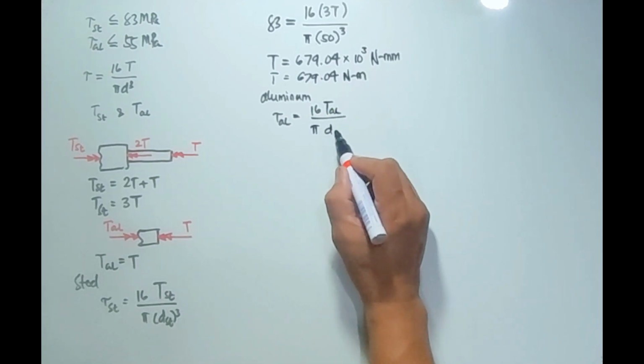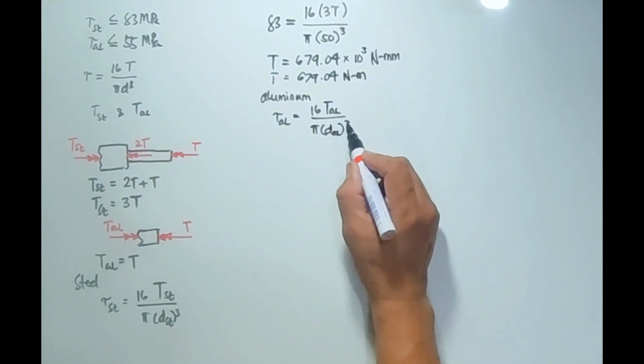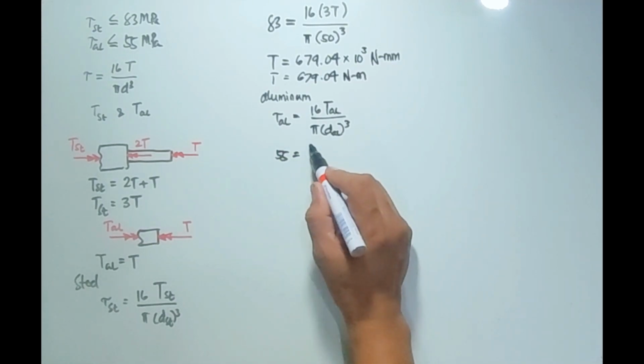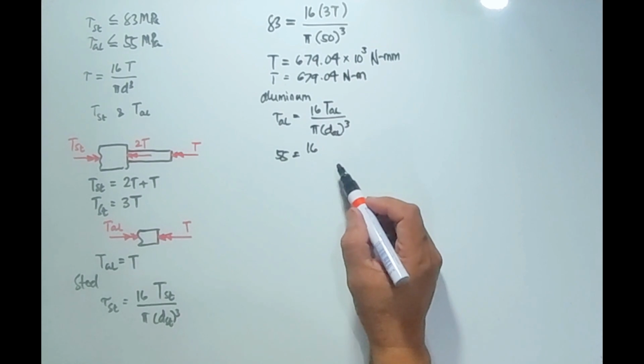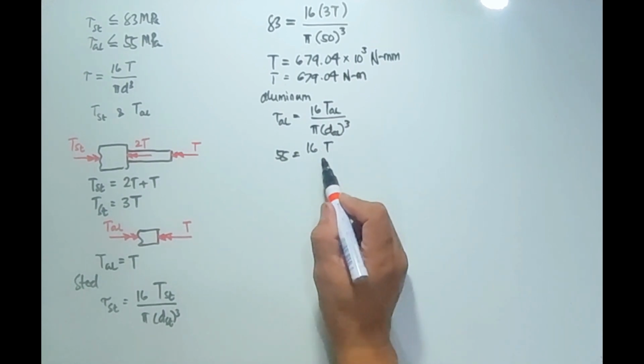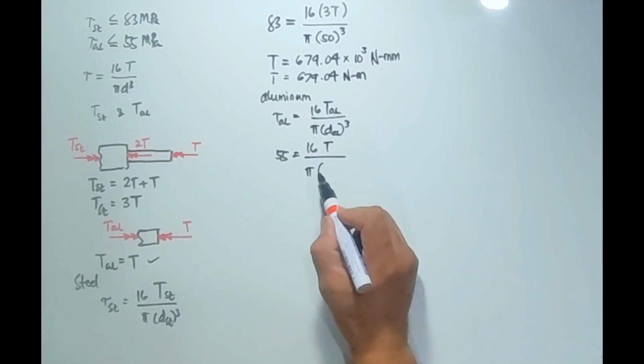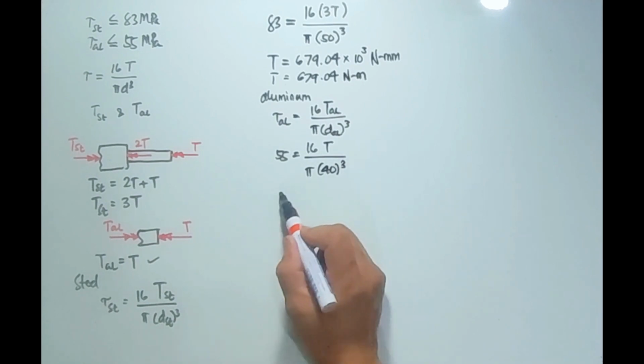So for the aluminum, the shearing stress is 16 times the torque for the aluminum divided by pi times the diameter of the aluminum cubed. Okay, so allowable shearing stress is 55 megapascal times 16. T sub AL is just equal to T here divided by pi times 40 cubed.